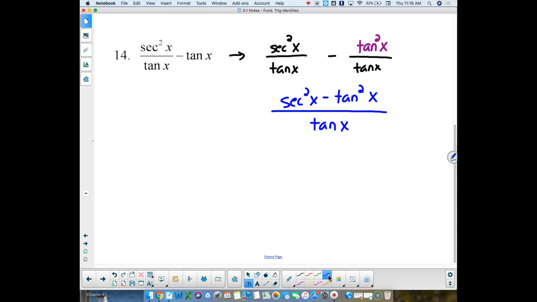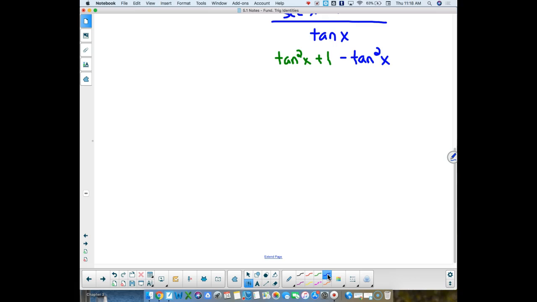Okay. Secant squared or tangent squared, we have number 11 to figure that one out. Secant squared is tangent squared of x plus 1, then minus tangent squared of x. I'm in a funky part of the board there.